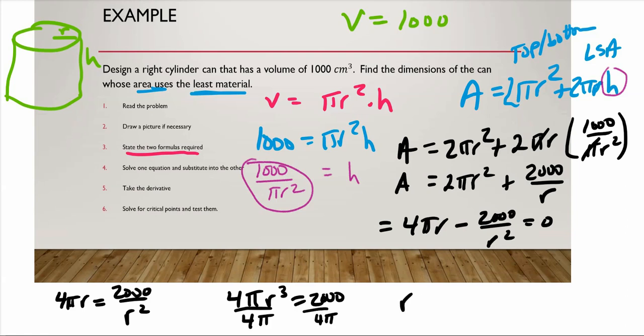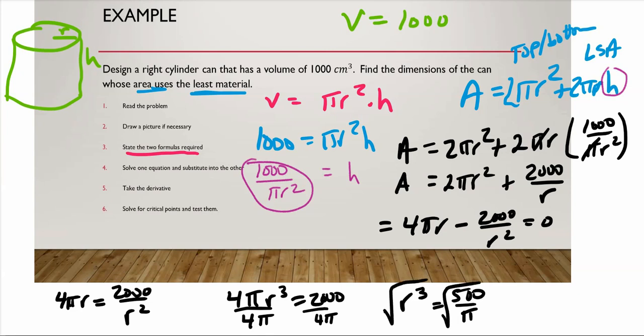So that means r cubed is going to be, I'm sorry, I took the cube root already, and I shouldn't have. It's going to be 500 over pi. So what am I going to do now? I am going to take the cube root of the left and the cube root of the right.